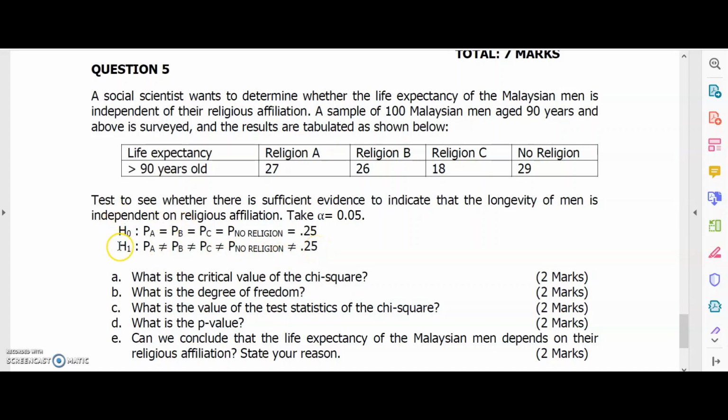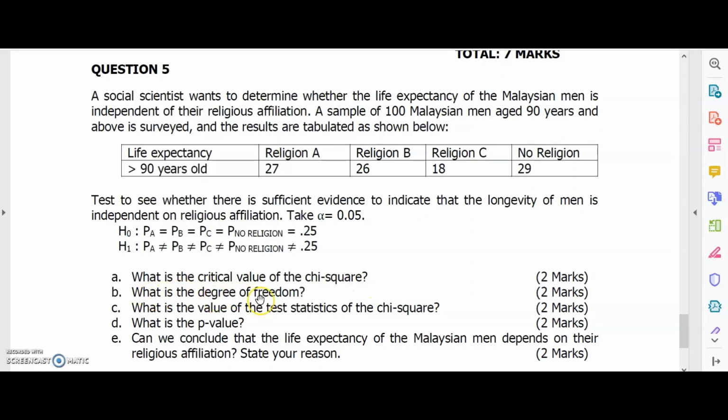So the alternative hypothesis here states that the population proportion for A, B, C, and no religion are not identical.